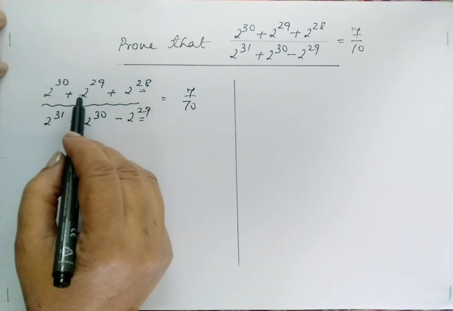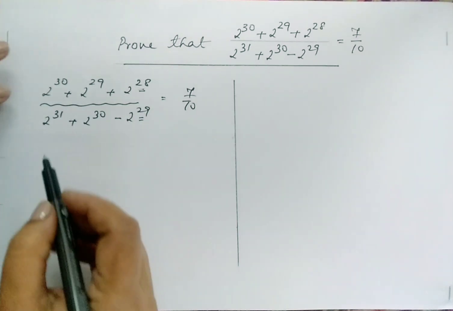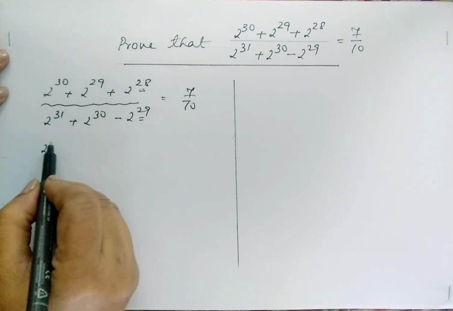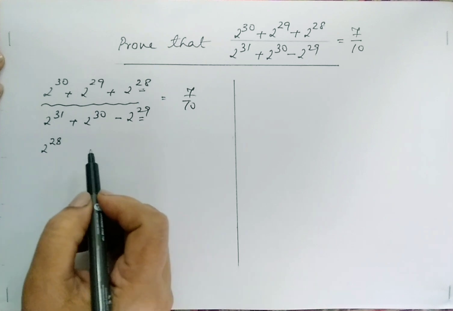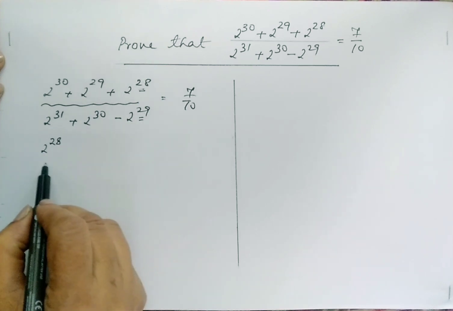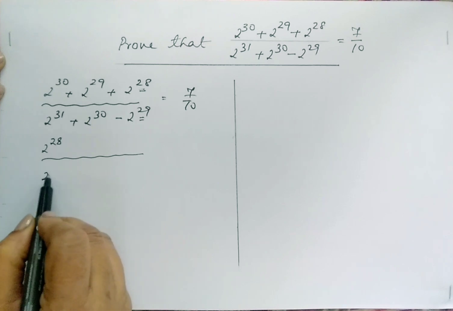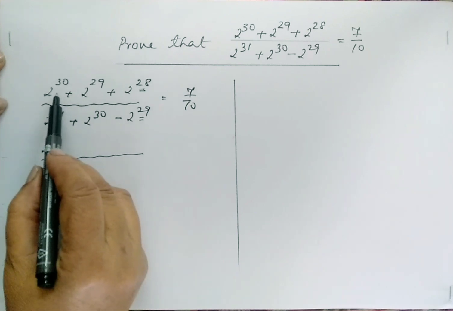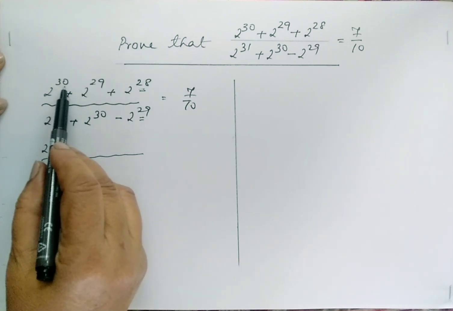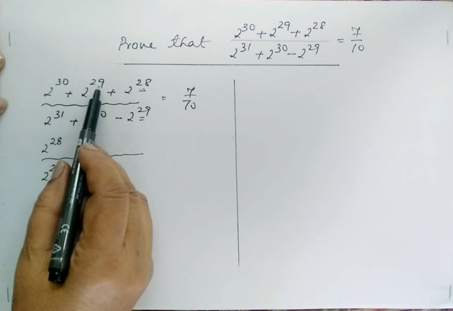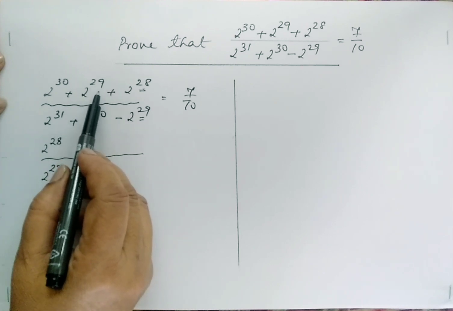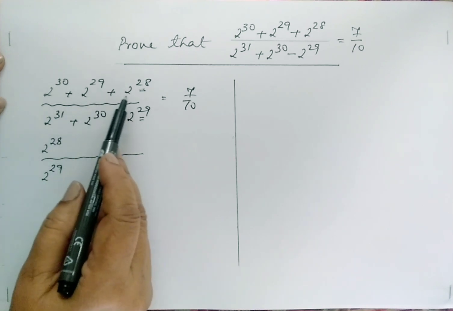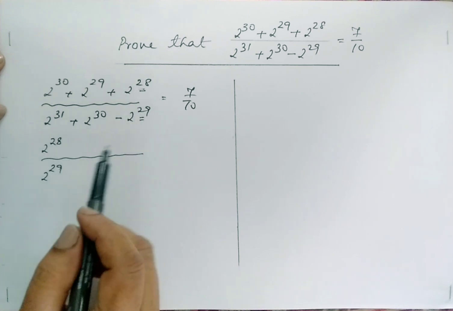So we take this as common. We have the lowest power, 2 to the power 28, and in the denominator we have 2 to the power 29. We can extract 2 to the power 28 and 2 to the power 29 also can give us 2 to the power 28, and this one is itself 2 to the power 28.